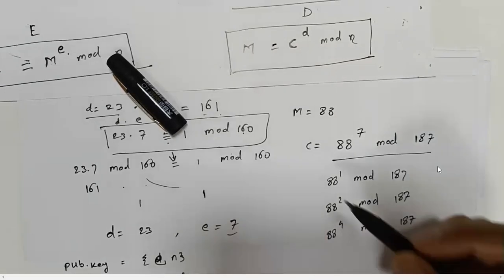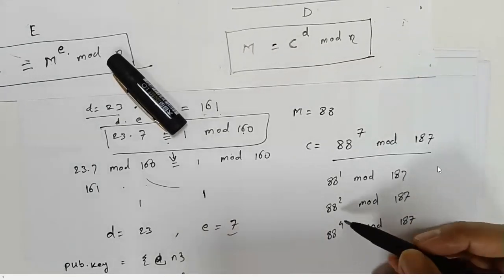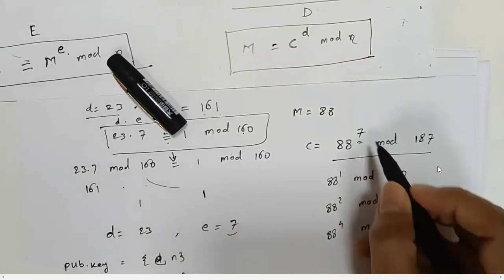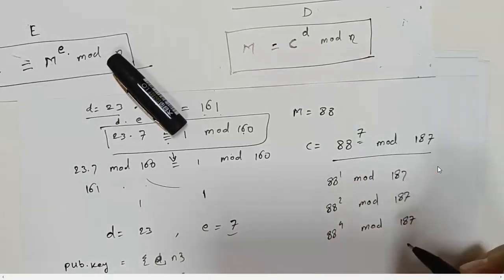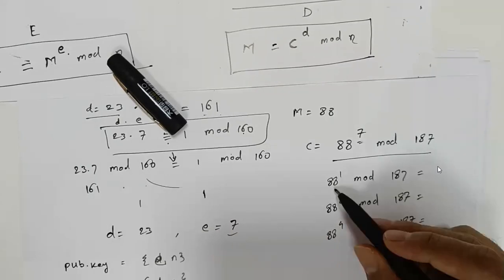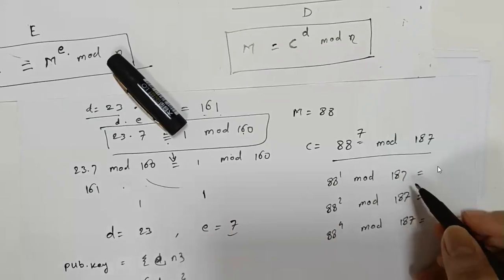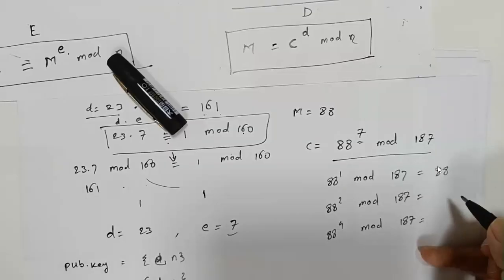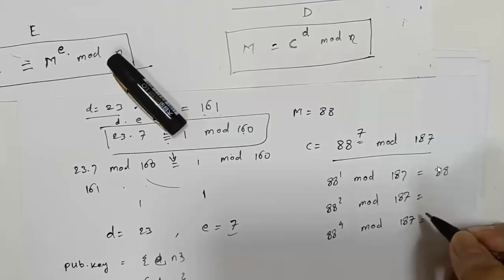If you calculate these three values, 4 plus 2 plus 1, will it give you 7? So what is 88 mod 187? It would be 88 only, because 88 is less than 187. That is correct. This one?